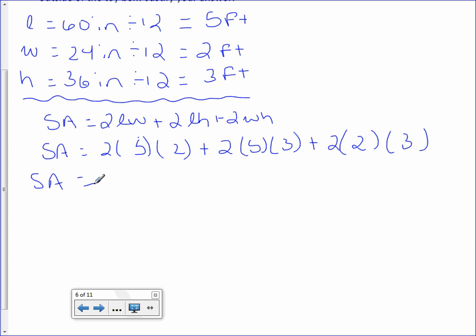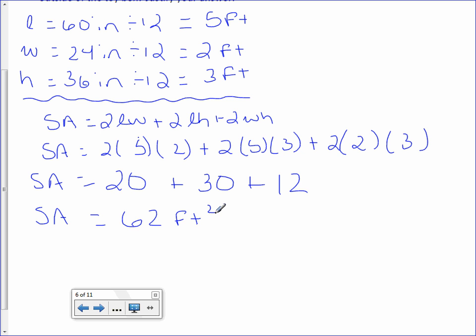Surface area equals 2 times 5 times 2 is 20, plus 2 times 5 times 3 is 30, plus 2 times 2 times 3 is 12. Add them together. Surface area equals 62, and this time we changed it to feet, so feet squared.